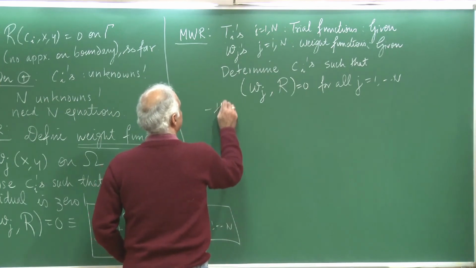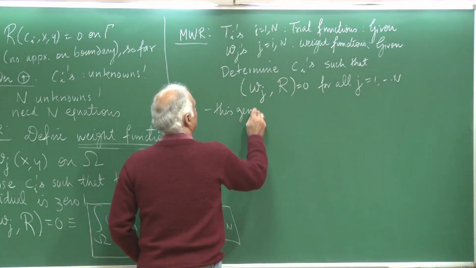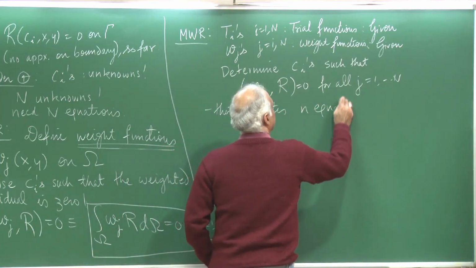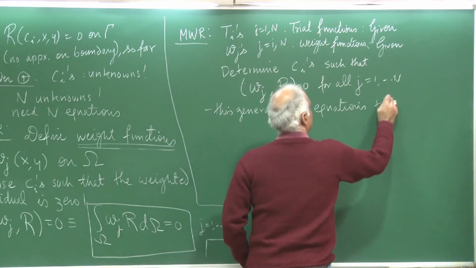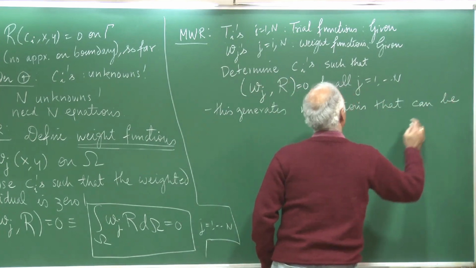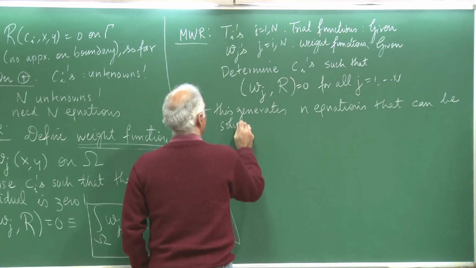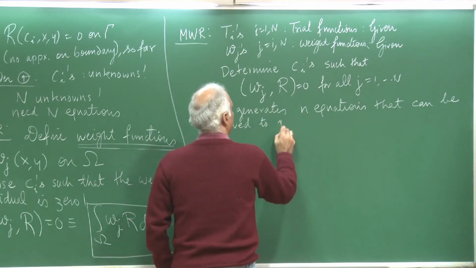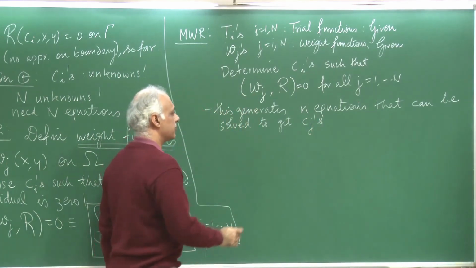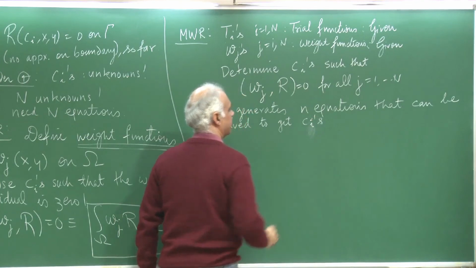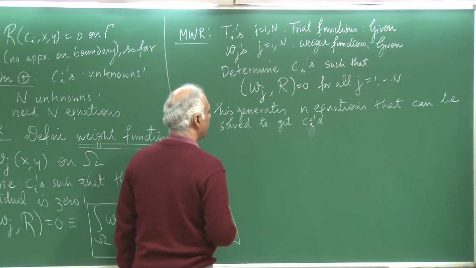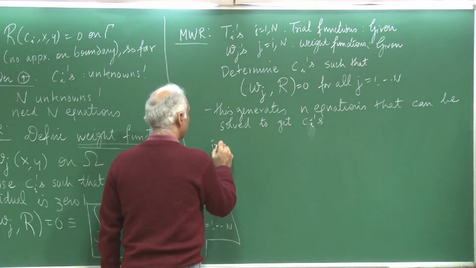This generates n equations that can be solved to get Cj's, or if you so desire, Ci's. In fact, I can show you how we get these. First, I put j equal to 1.